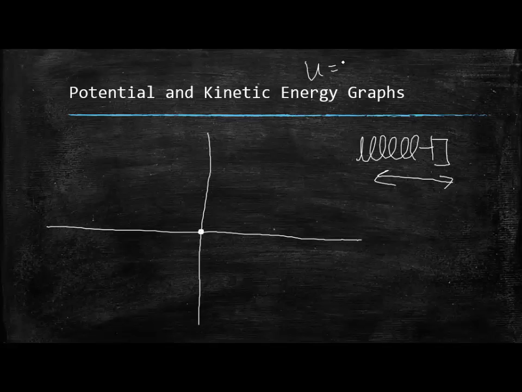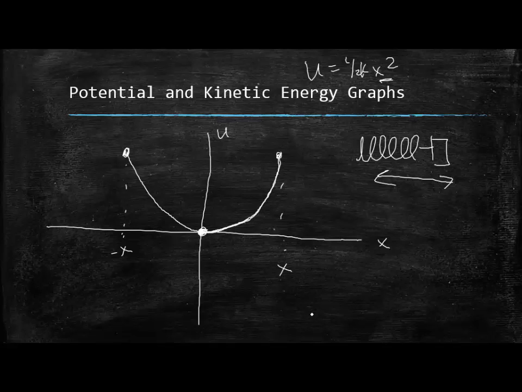Potential energy is 1/2 kx squared, which you can tell from the calculator or from experience gives you an upward facing parabola. When the displacement is 0, you have no potential energy. If this is your displacement and the y is your potential energy, you get a parabola on either side. You have the maximum potential energy at maximum displacement on either side of your graph.